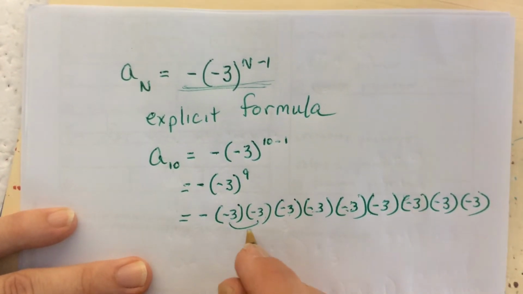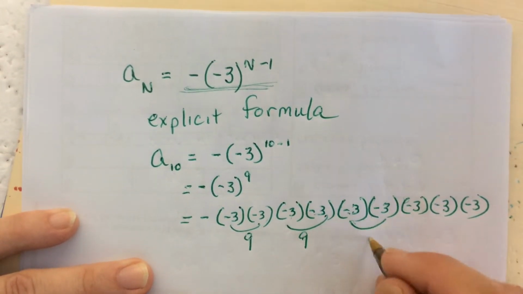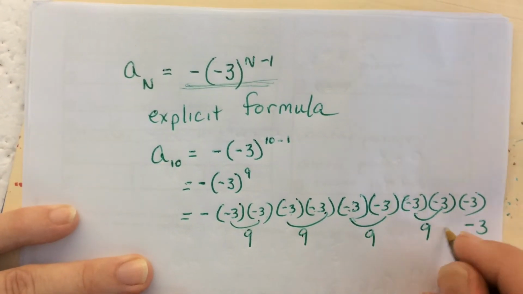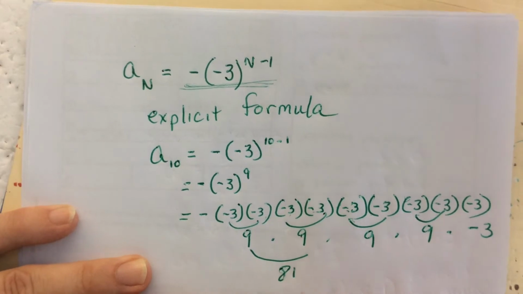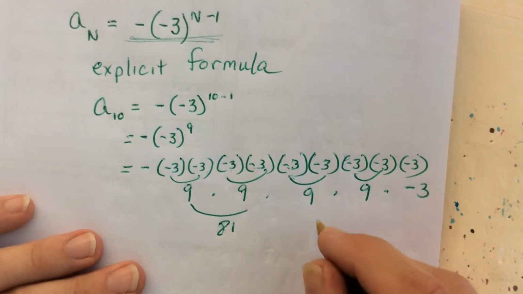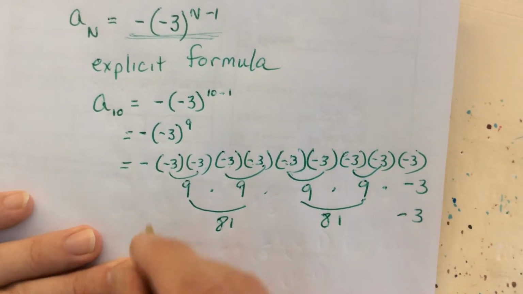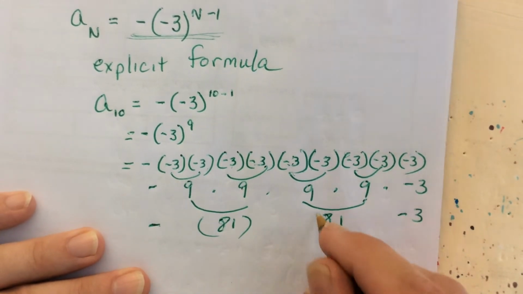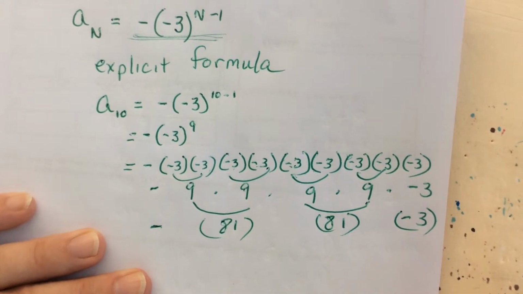I know that this is going to be positive 9, and this is going to be positive 9, this positive 9, this positive 9, and this is going to be -3. So that helps a little. This is going to be 81, and this is going to be 81, and this is still -3. So this is negative this times that. That simplifies the problem a little bit.